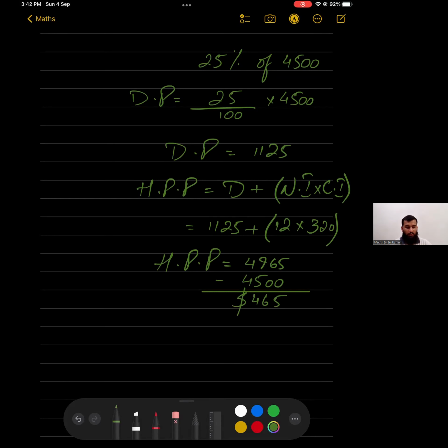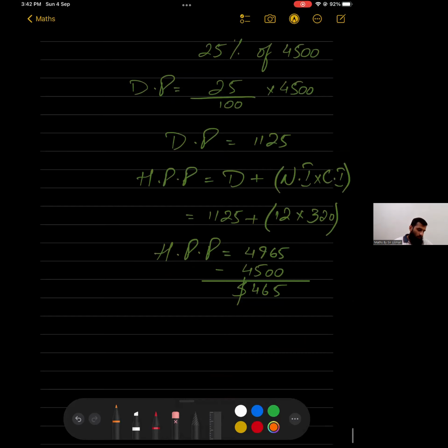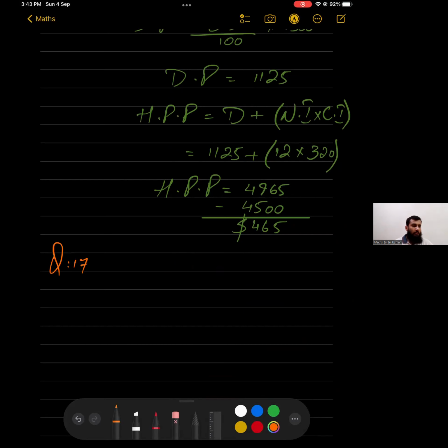Let's come to question number 17. Here, part A in question number 17 is saying that Imran is being paid $16 per hour.